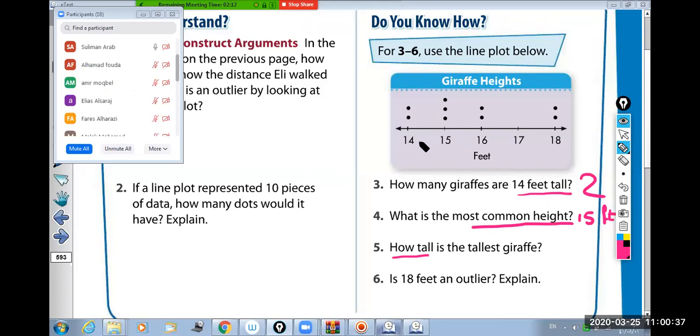Which is the highest here? Is it 14, 15, 16, 18? What is the biggest number, Ahmed? I think your mic is not working. I will ask another one.